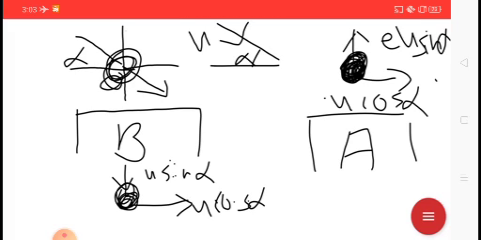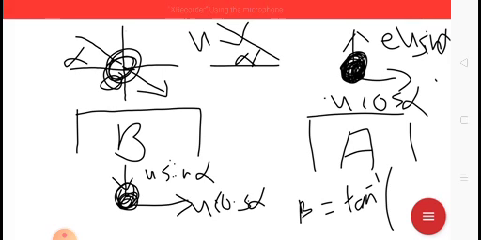If you want to find the angle at which it leaves the surface, you can use beta equal to inverse tangent of eu sin alpha over u cos alpha.